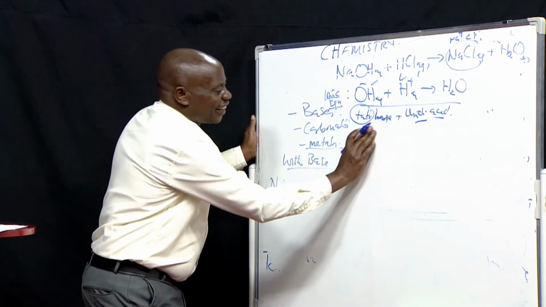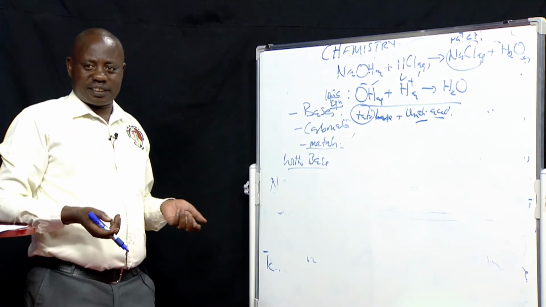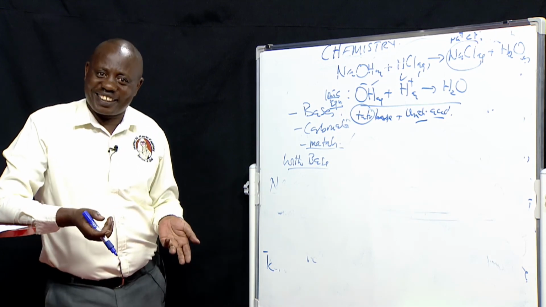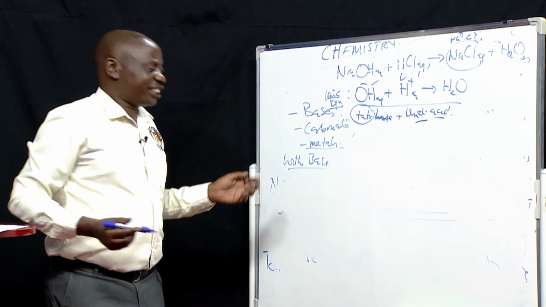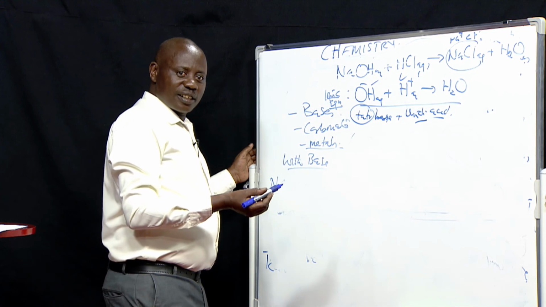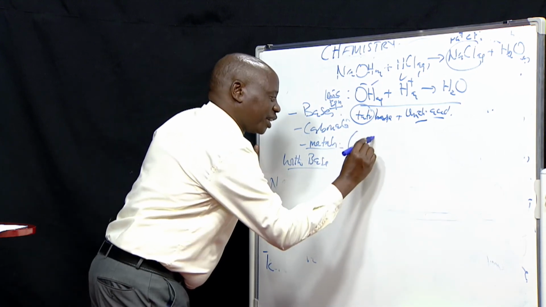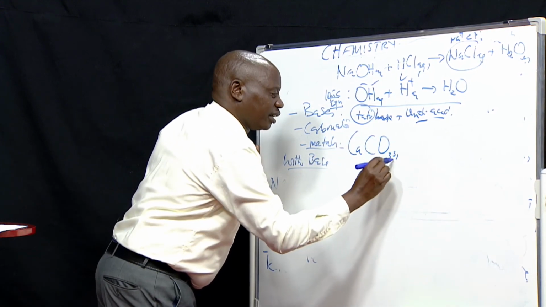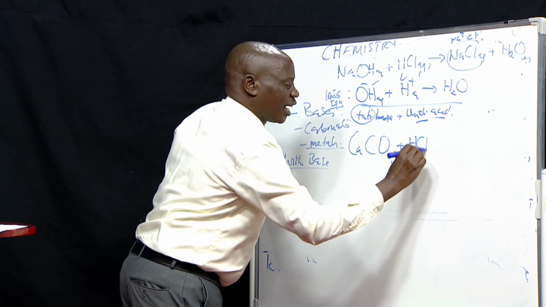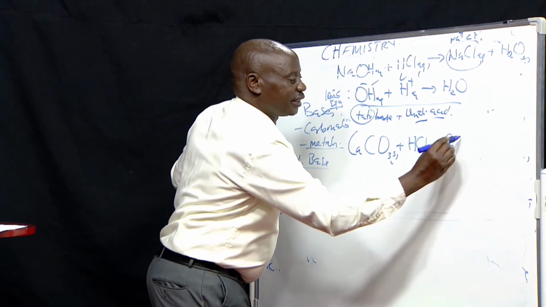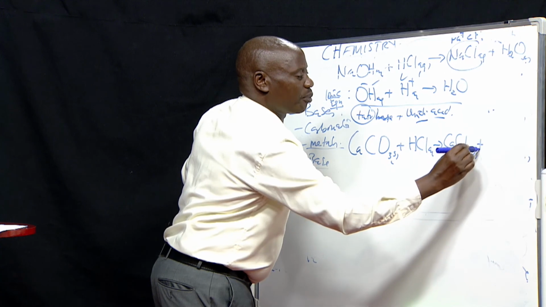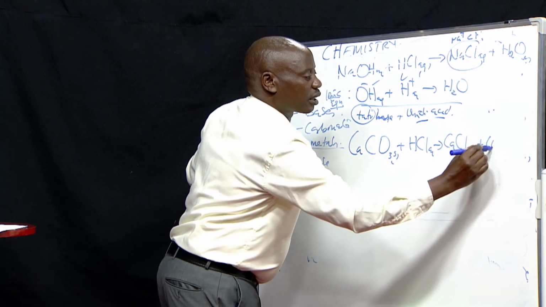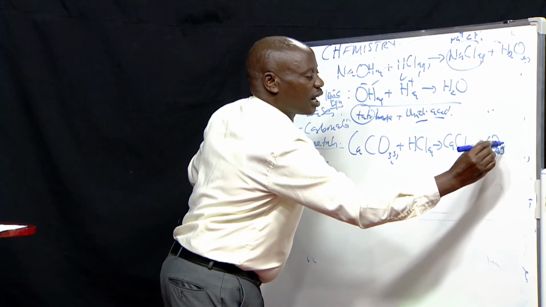Then, like any other acid, it reacts with carbonate. Which carbonate do we pick? I think preferably we pick calcium carbonate, because so far we mainly use it. When you add hydrochloric acid, you get calcium chloride, carbon dioxide, and water.